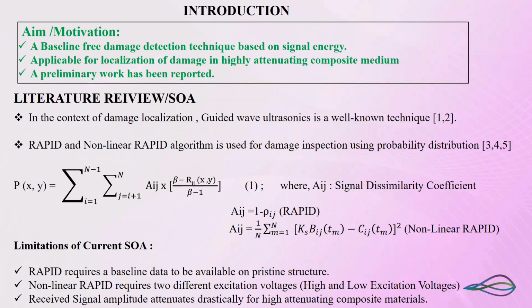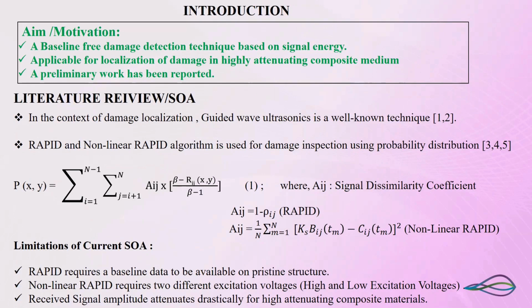Here we are basically proposing a preliminary work. In the context of damage localization in composite material, there are various techniques that have been explored over the years. One of them is guided wave ultrasonic testing, which has been explored drastically over the past two decades.